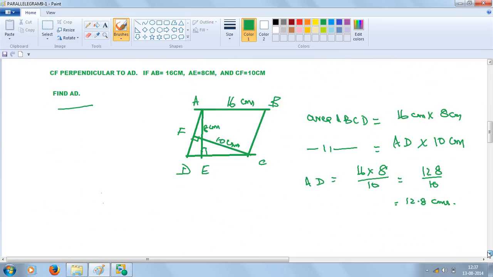So the next problem we find. We have just seen some of the properties of the parallelograms. If we know one side, we can find out the other.